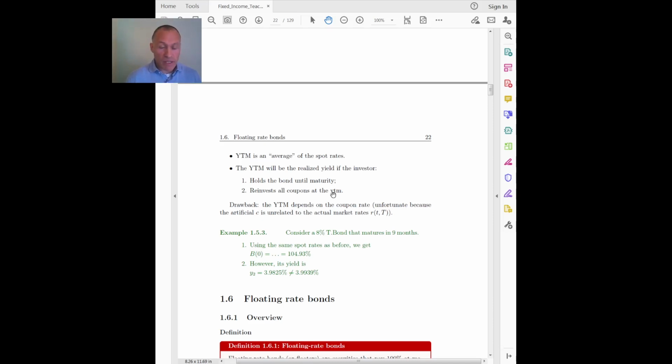So in this example, I will only really get 4% in the end if during the life of the bond I reinvest the intermediate coupons at that same 4%. And this is an assumption that is not under my control, because I have no way of guaranteeing the rate at which I will reinvest the coupons in the future.